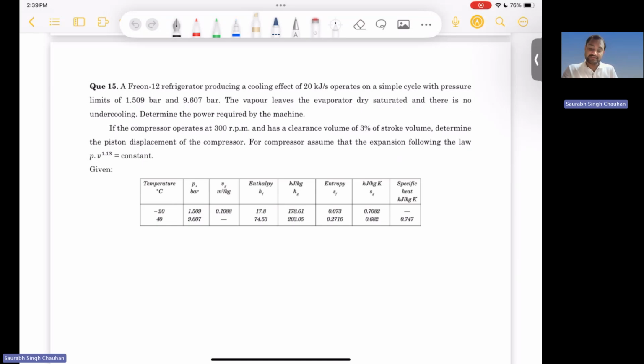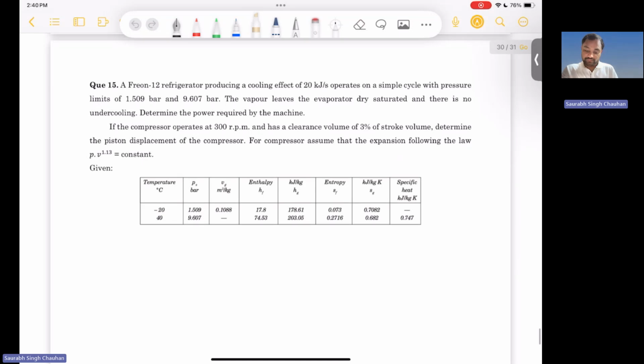If the compressor operates at 300 rpm and has a clearance volume of 3% of stroke volume, we have to find the piston displacement of the compressor. For the compressor, we can assume the expansion follows the law PV to the power 1.13 is equal to constant. You can solve this question if you know these definitions.